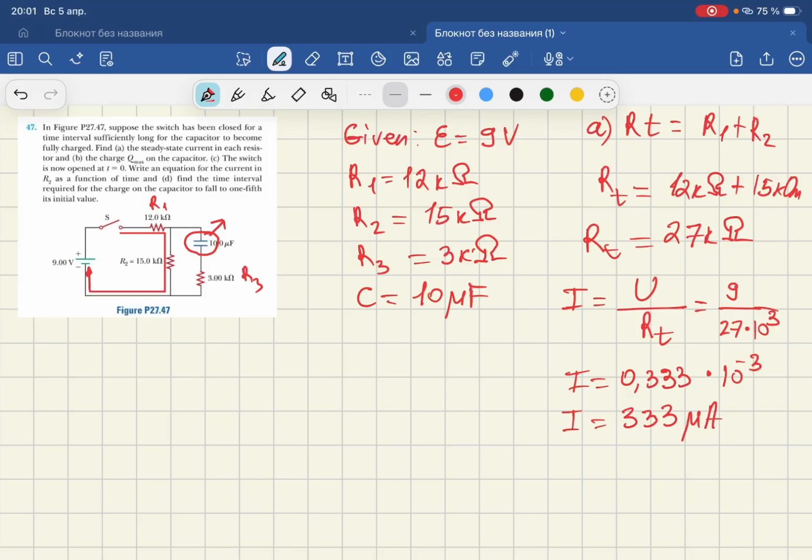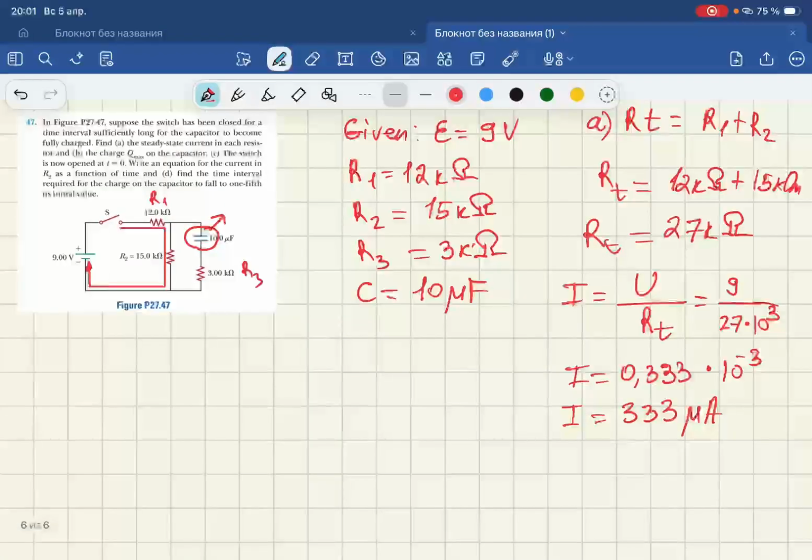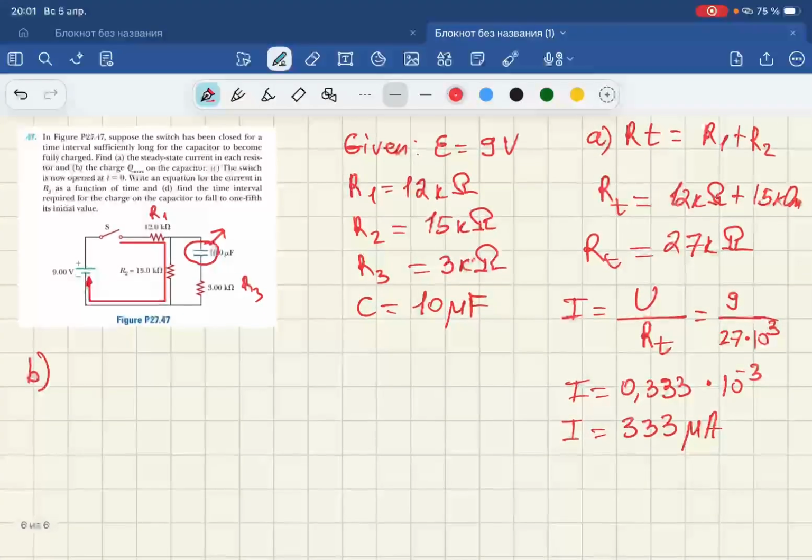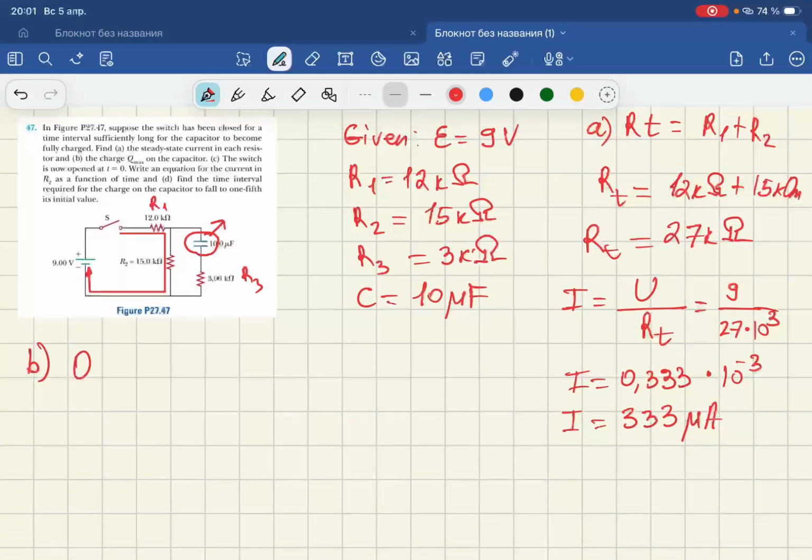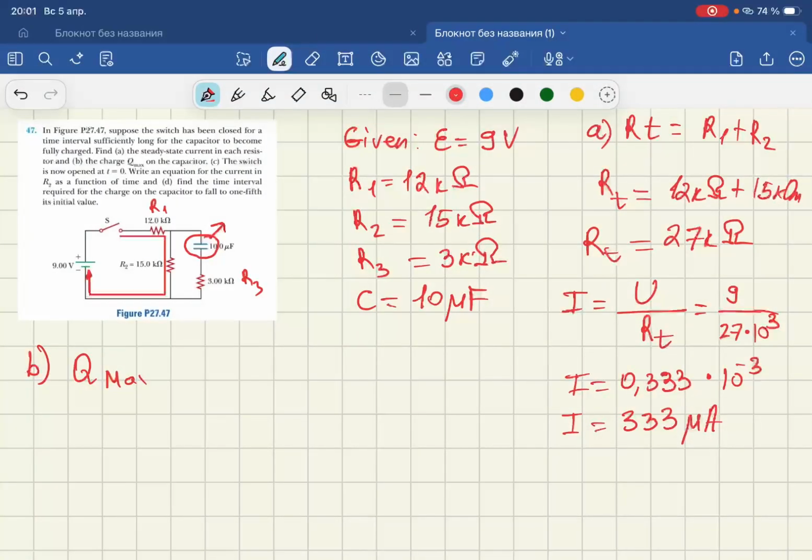So in the second case, in part B, it says the charge Q max on the capacitor. So what does it mean? When the capacitor is fully charged, we have to find that Q max on the capacitor. So what do we need to do?